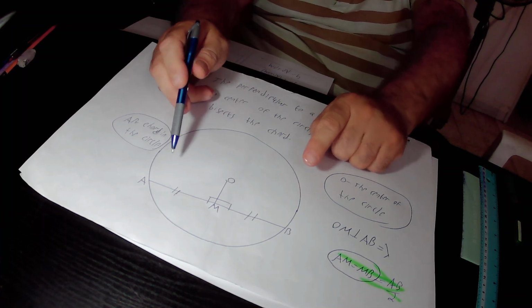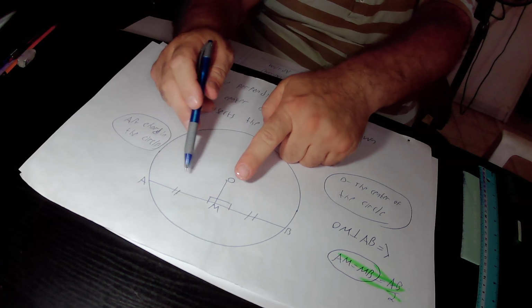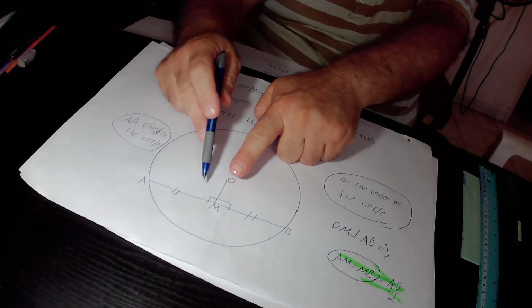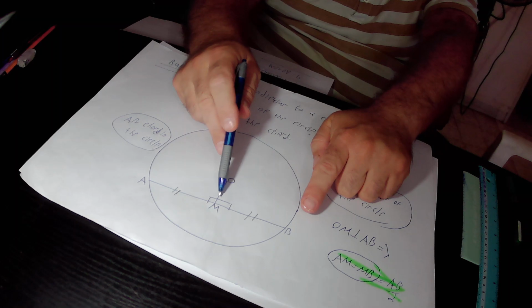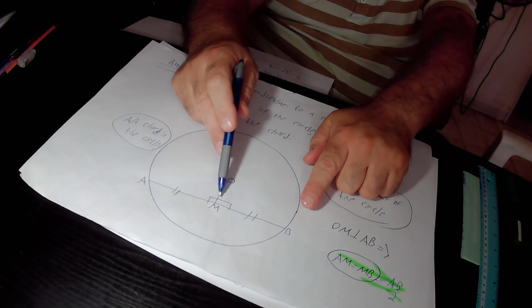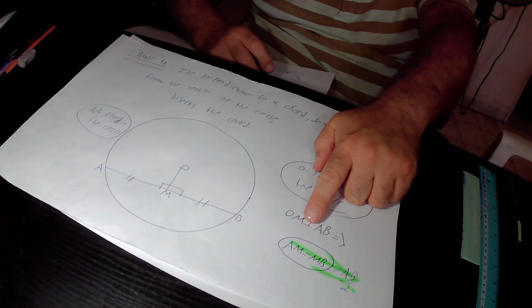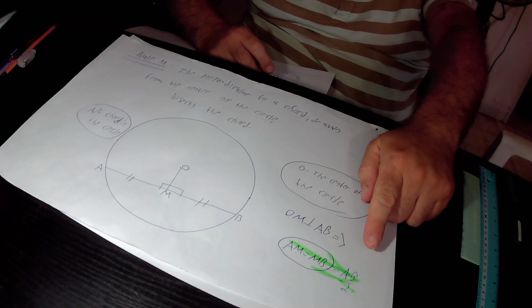Each half equals AB over 2. The first half is AM, which equals AB over 2. The second half is MB, which also equals AB over 2. So according to rule 11, AM equals MB equals AB over 2.